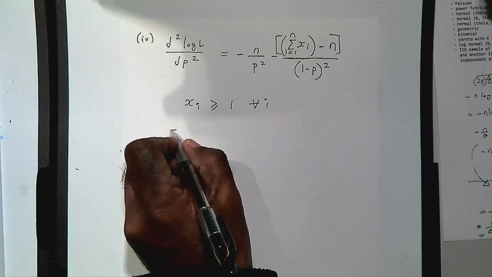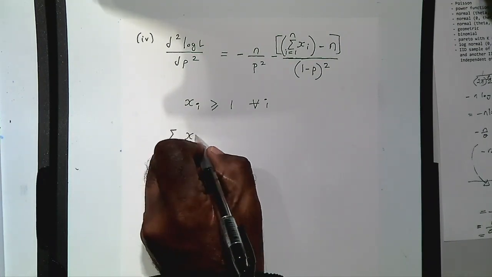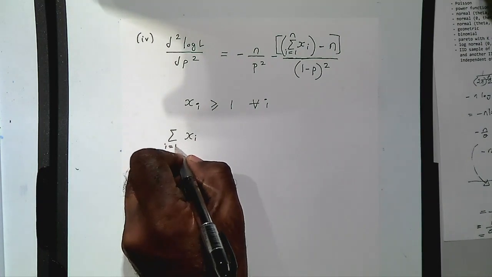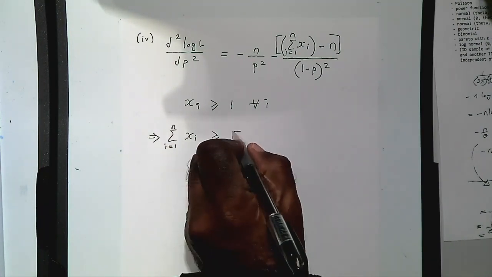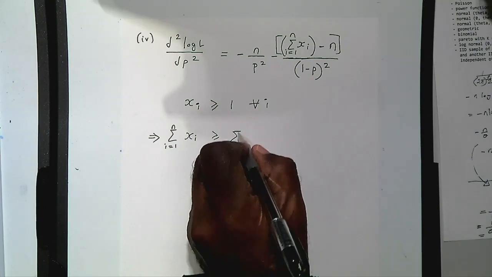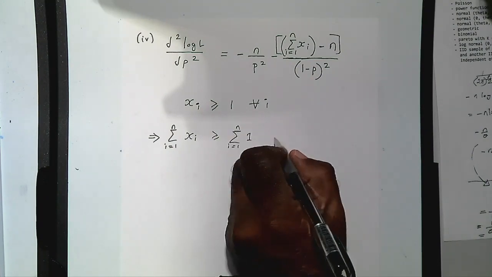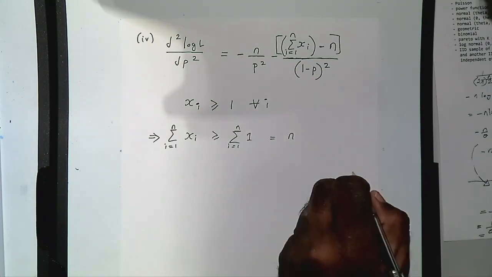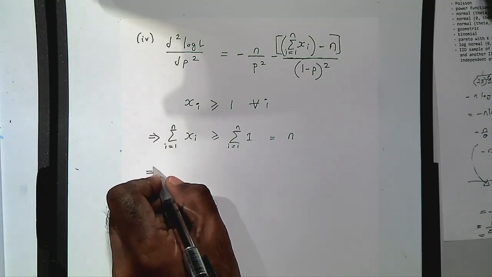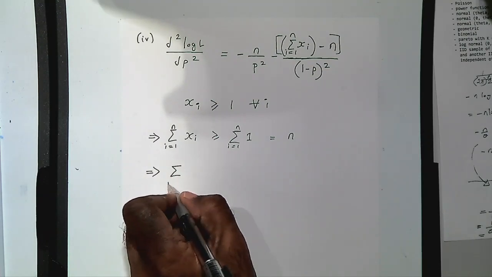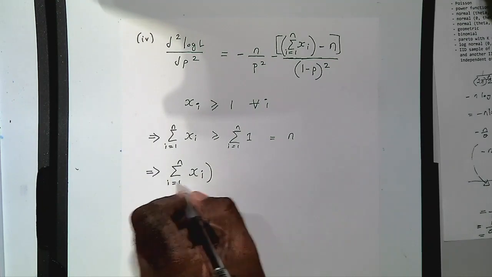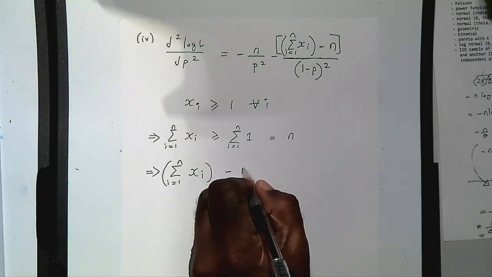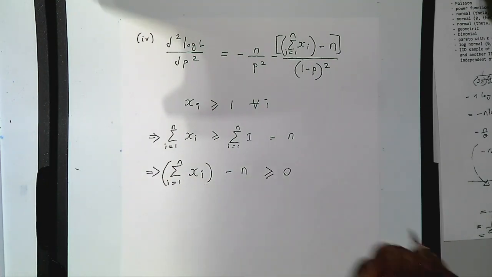And therefore, if you sum xi, it must be greater than or equal to n, right? And this implies that the... You follow what I'm saying, guys?